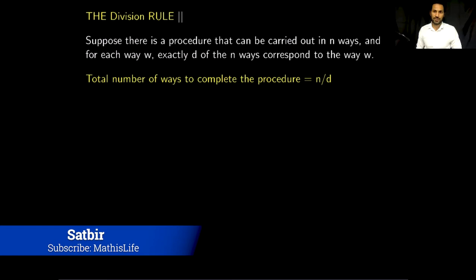Suppose there is a procedure that can be carried out in n ways. The total number of ways to carry out that procedure is n, but there is some repetition in these n ways.